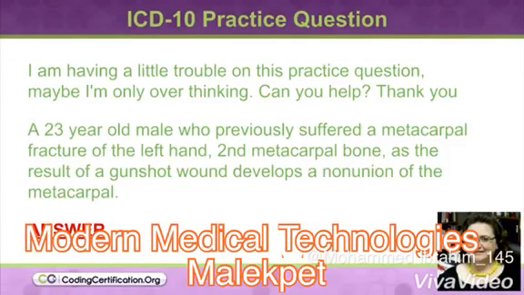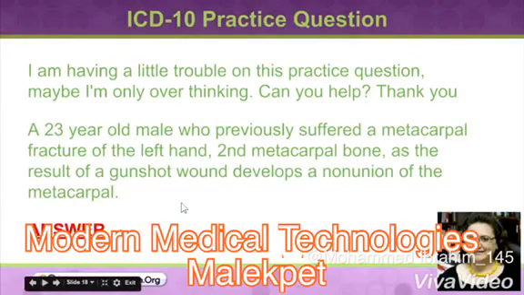And then at the end of the code, remember in the previous one we were talking about the letters at the front, now you would have letters at the end that would say whether it was the initial encounter, a second or subsequent visit, or a sequela, meaning a late effect.